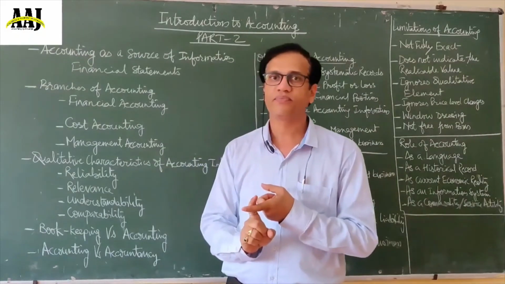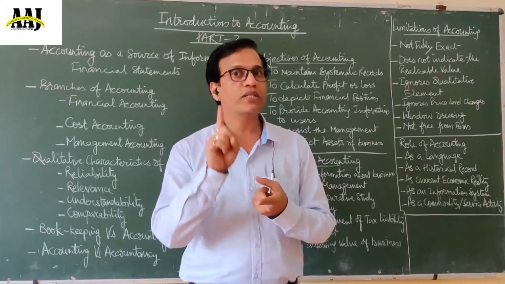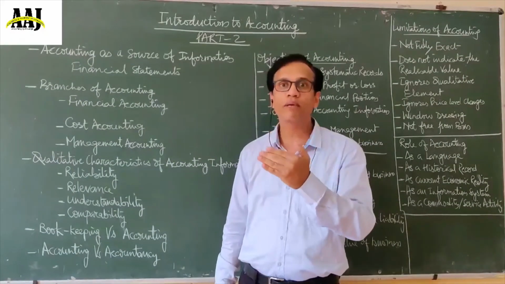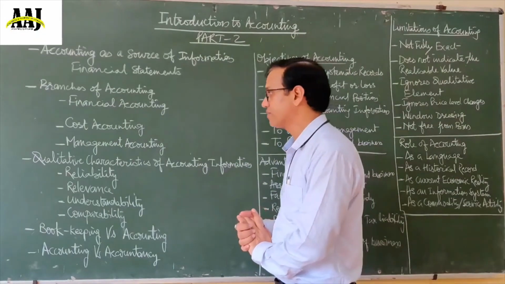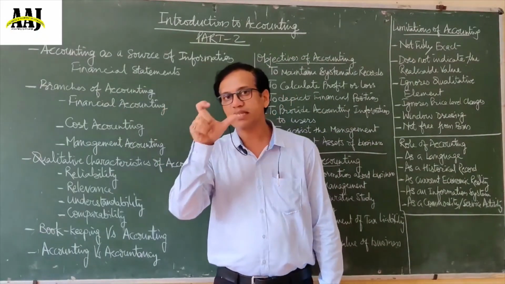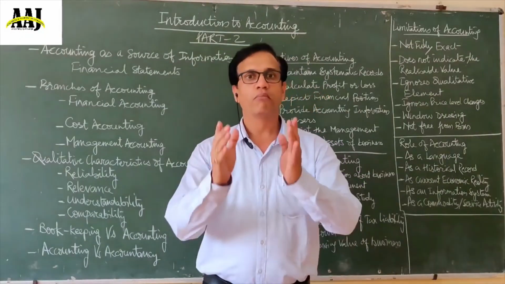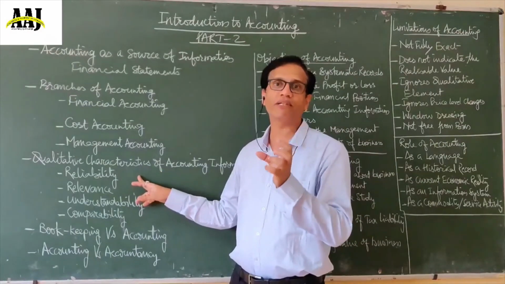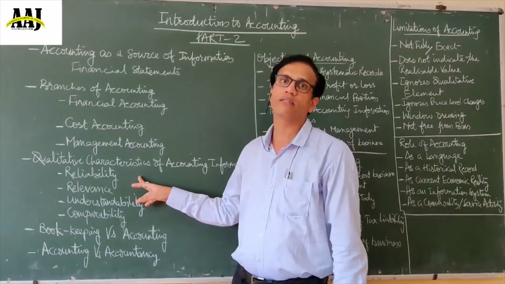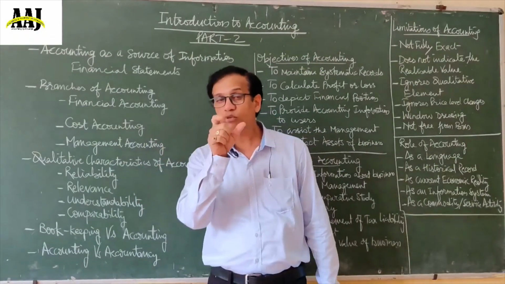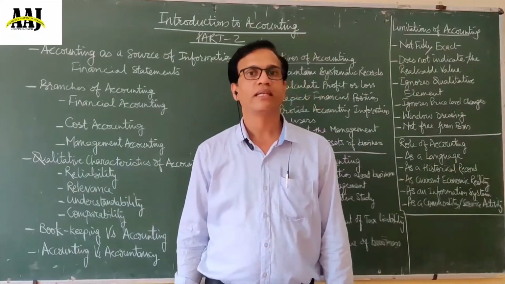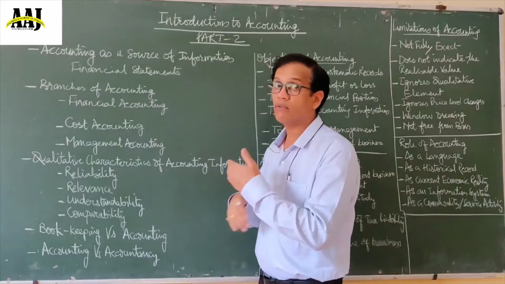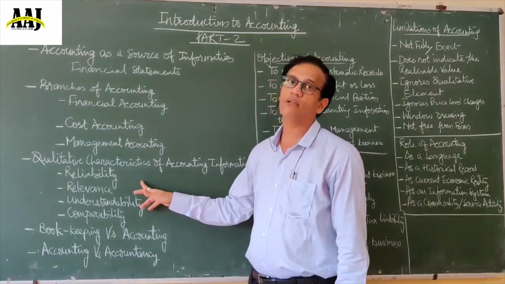To be reliable, the information must be based on facts, and to be based on facts, it has to be on the basis of documentary evidence. The financial accounting says all the transactions recorded in the books of accounts must be supported by evidence. Whatever is provided to the users as accounting information must have some documentary evidence in favor of it, and then it will be reliable.